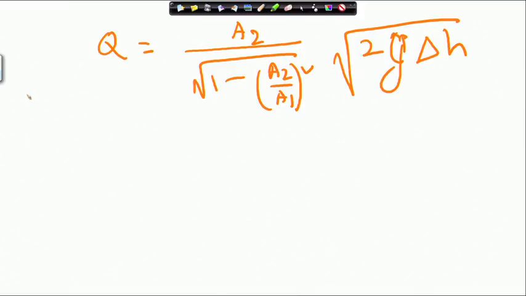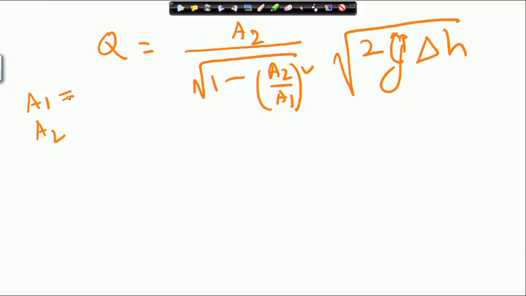Now, I have been given the pipe diameter is 20 centimeter and the nozzle diameter is 5 centimeter. So, if the diameters are given, I can find out this A1, A2 term.